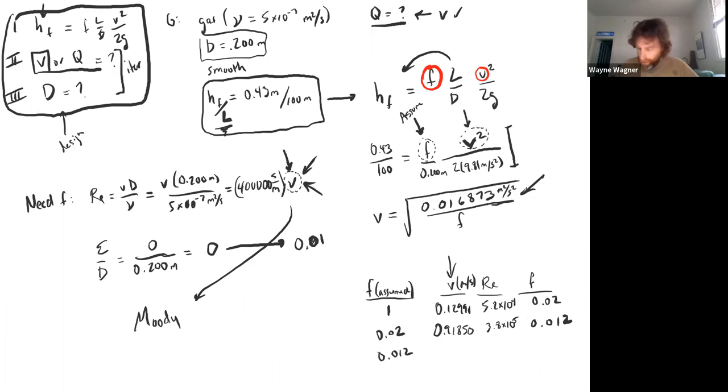So we'll go 0.016. This is good practice, so we'll just keep doing it. Times 0.01, divided by 0.012, to the half. One thing to be aware of is if you make an error on your calculator here or reading the Moody, it's just going to slow you down.